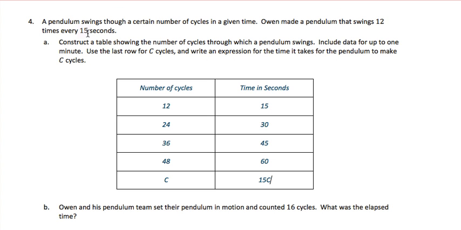So if we have 15 times C divided by 12, the number of cycles divided by 12, that will give us the amount of time.